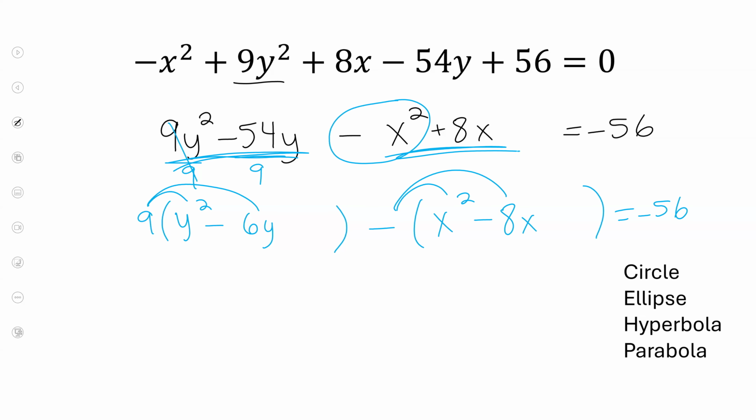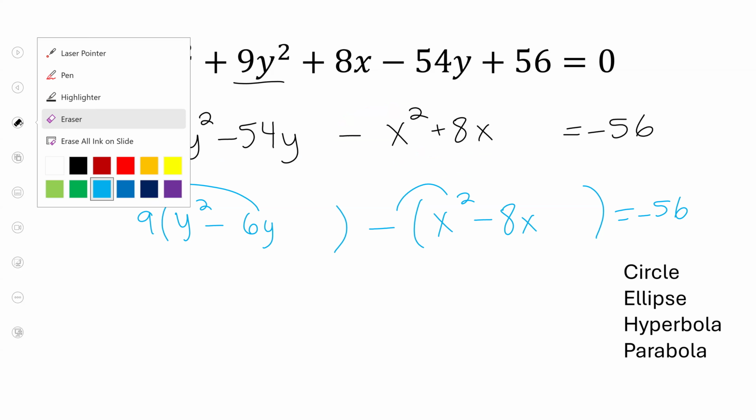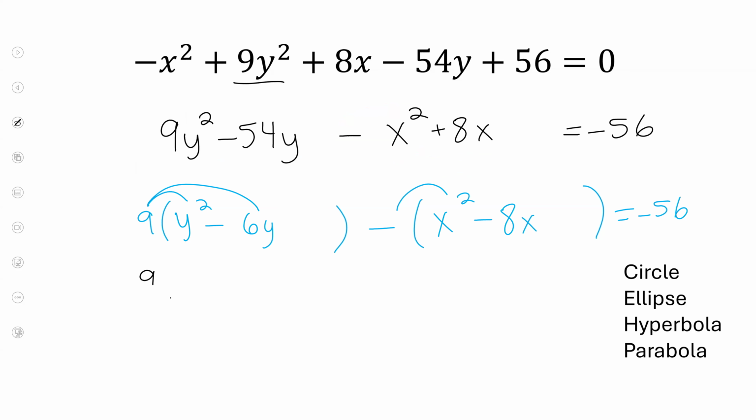Okay, now let's go ahead and complete the square. What's half of 6? 3. And 3 squared is 9, so this will put a plus 9 right here.